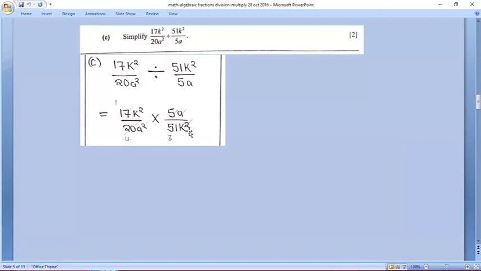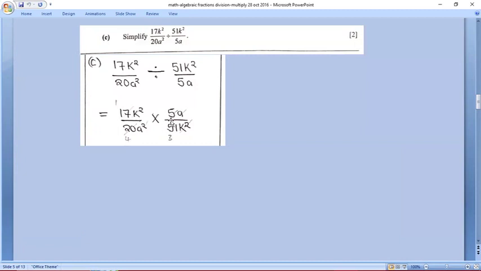From there, we use the first method where you can directly cancel if you know your indices very well. You'll just be looking at the powers. You cancel whatever is similar from the numerators and the denominators.